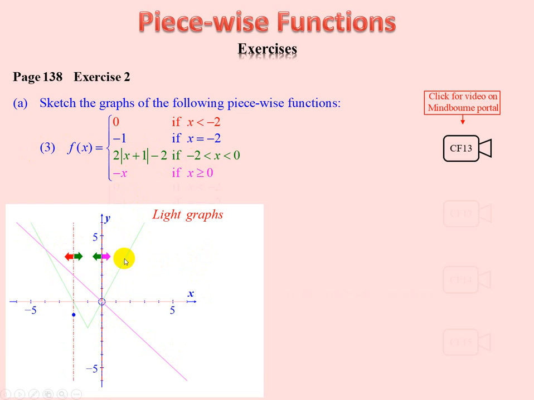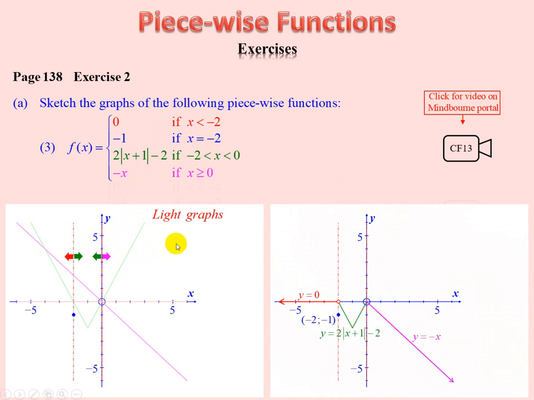We have that graph, the y equals -x, to the right of x equals 0. We have the absolute value graph between the two critical values. And we have the red graph less than -2 to the left side of that critical value. So there are our graphs.